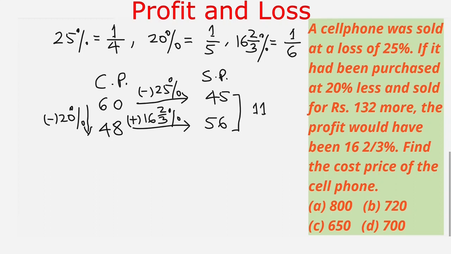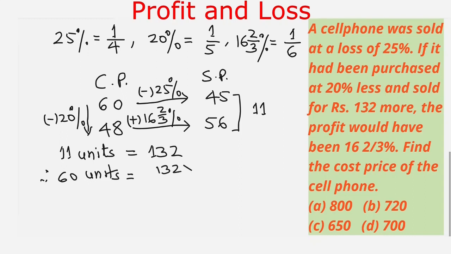So this is 11 units, and this is given to us as equal to 132. So 11 units equal rupees 132. Therefore 60 units, which is our assumed cost price, equal 132 multiplied by 60 divided by 11. 11 divides 132 12 times, and 12 times 60 is 720.